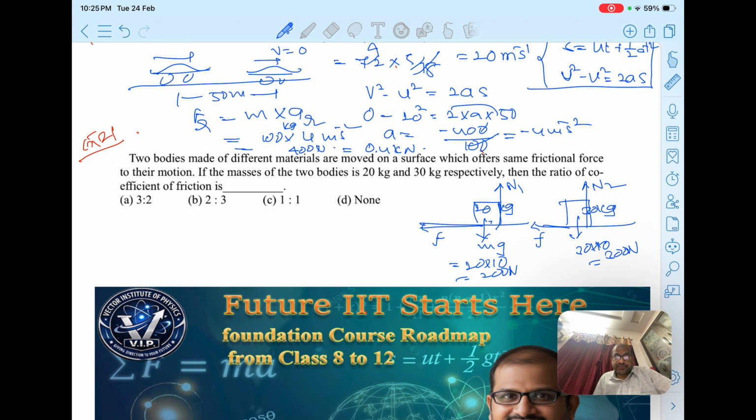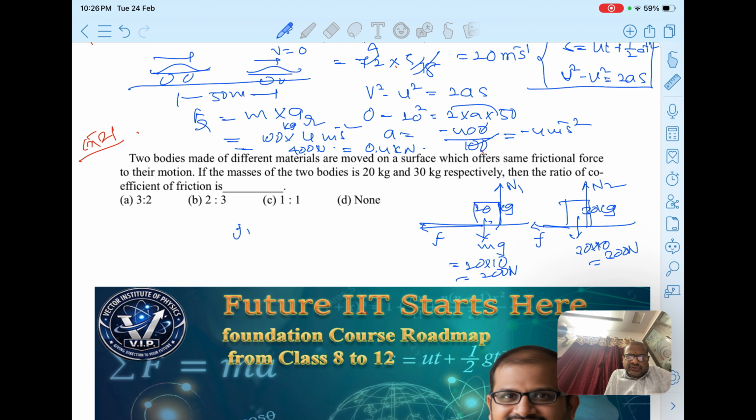So regarding frictional force, the normal reaction, the pressing force, is different, and based on the nature of surfaces, friction may vary, but it is such that the frictional force is the same. So F is equal to mu into n.